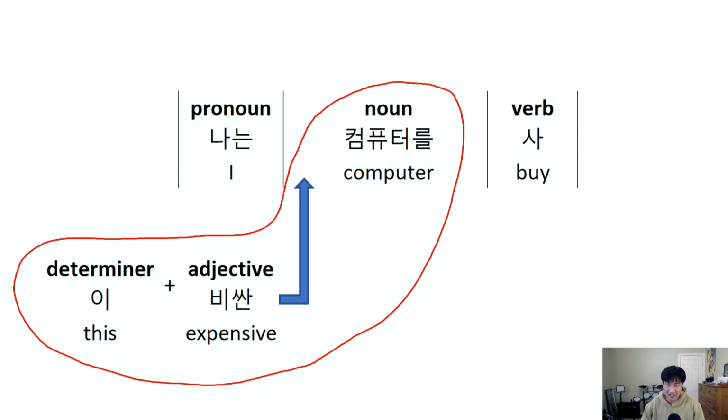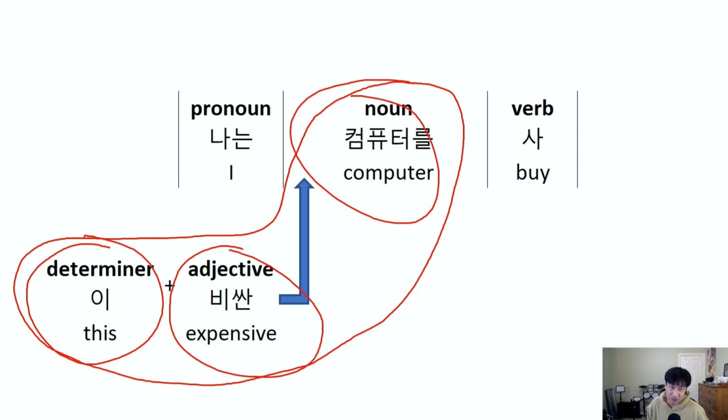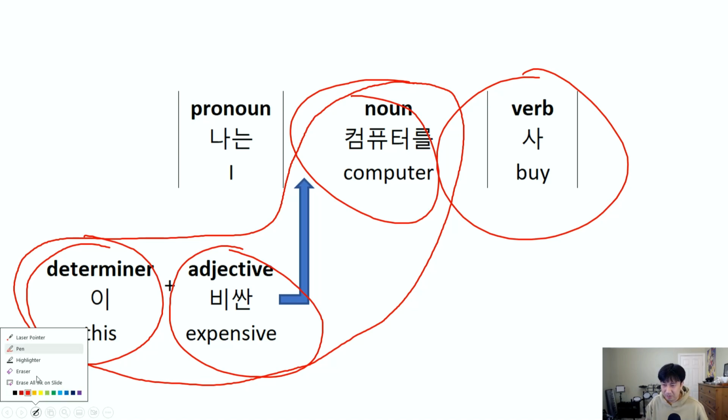So if you say I bought this computer, you'd say "this expensive computer bought." Okay, I know that's present tense, but if it was past tense, like "I this good book read," I read this good book, right?